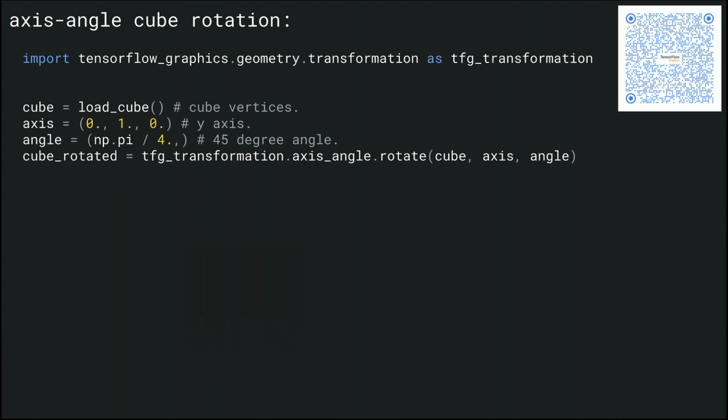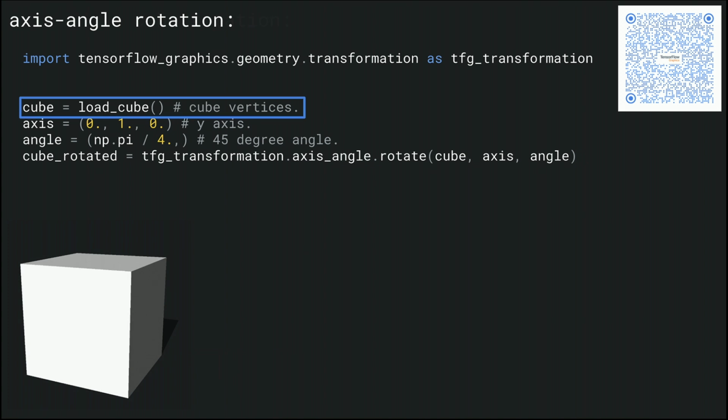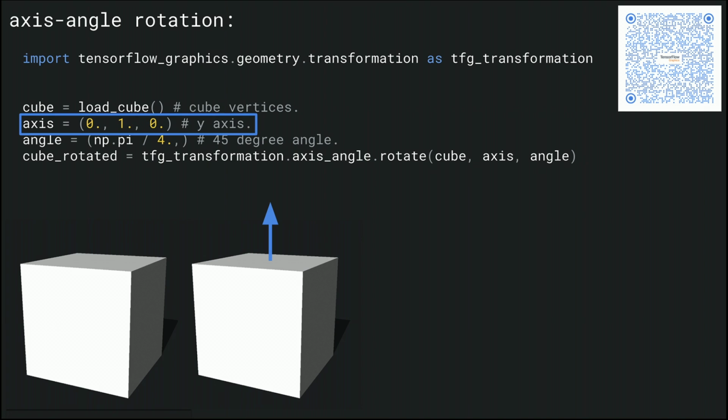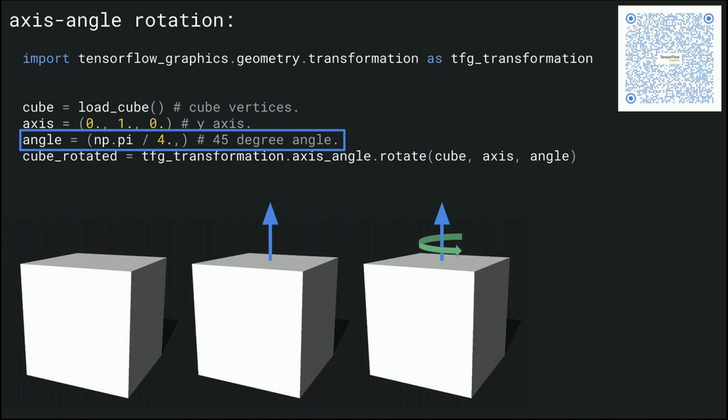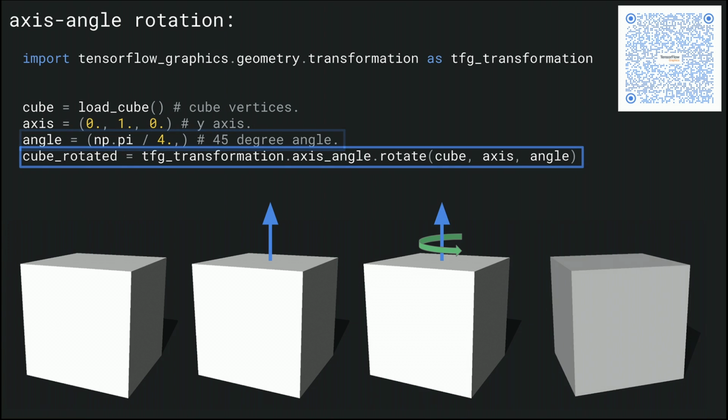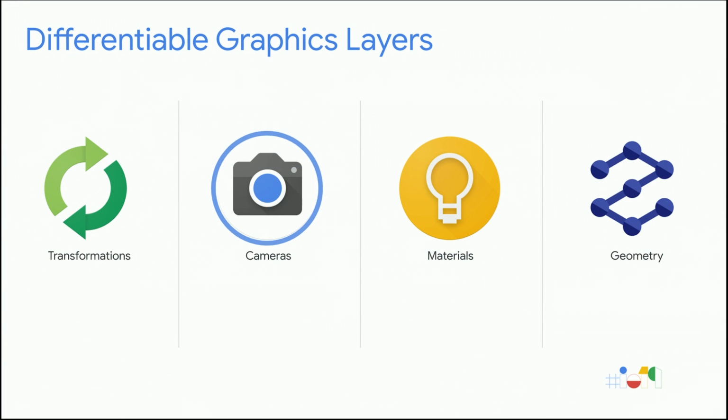This can be easily expressed in TensorFlow Graphics using our transformation module, where in this code, we first load the vertices of a cube. We then define the axis of rotation and the angle. And finally, we apply the transformation to the cube using the rotate function of the axis angle module. Now that we have seen how easy it is to express rotation in TensorFlow Graphics, let's move on to camera models.